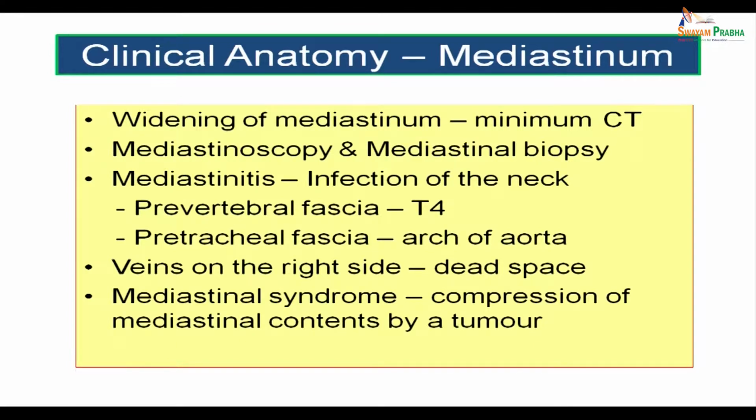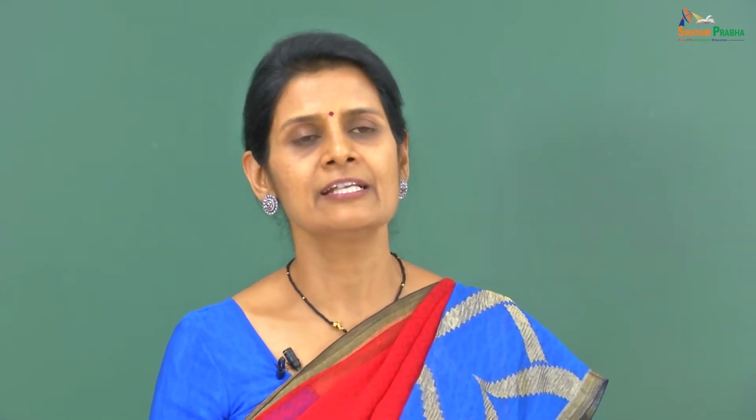Mediastinal syndrome is due to compression of mediastinal contents by a space occupying lesion like a tumor. So, what happens is it is associated with compression of various structures and the resulting symptoms and signs. If a patient has dysphagia, it could be due to compression of the esophagus, unable to swallow.